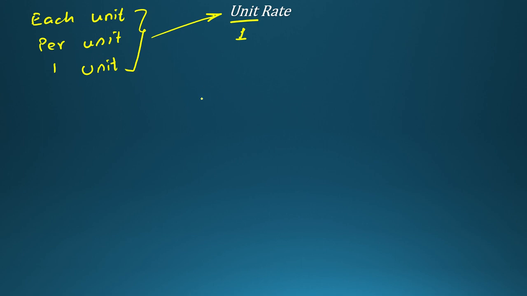For example, if I say 10 pens cost 20 dirham, then how much will be the cost of 1 pen? It will be 20 divided by 10, means 2 dirham.